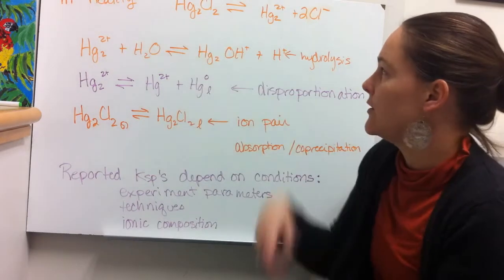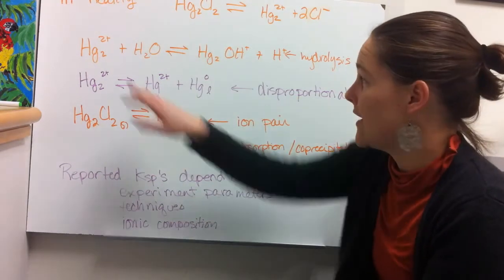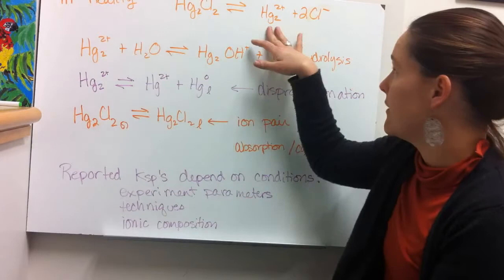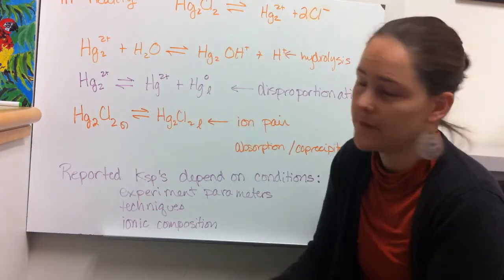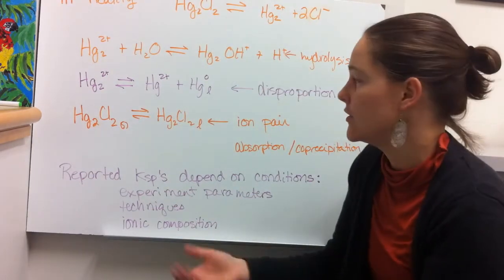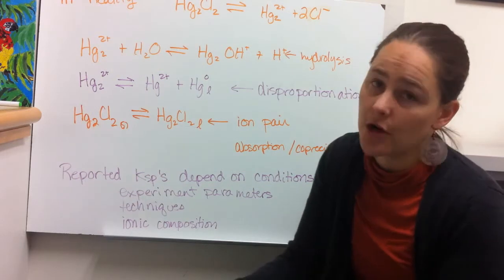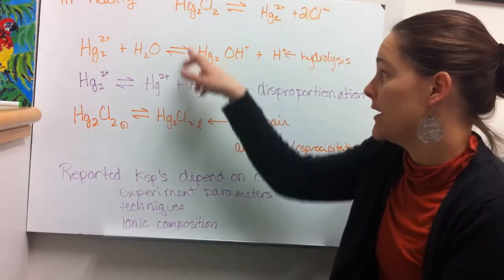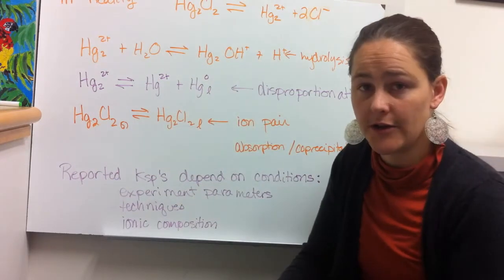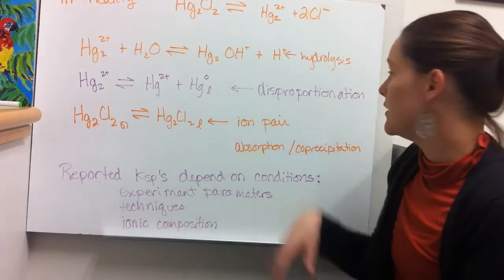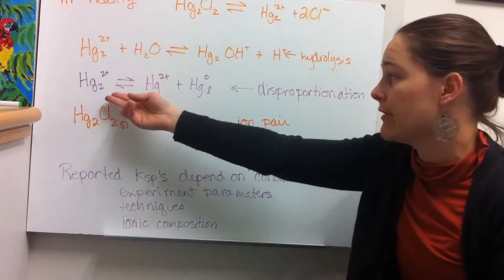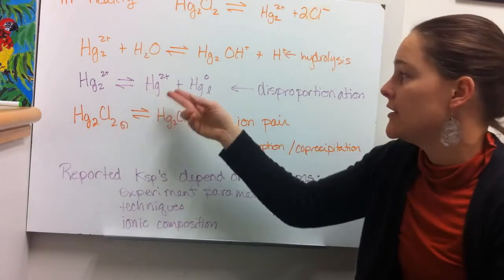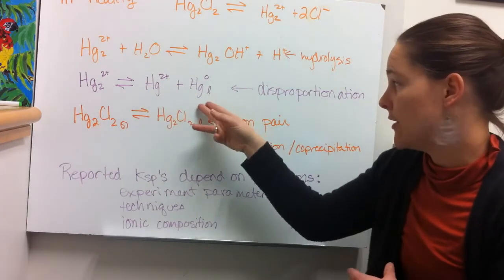Let's take, for example, mercury chloride, in a saturated solution of mercury chloride. Some of that mercury is actually going to hydrolyze with water and form a mercury hydroxide. Some of it could disproportionate from mercury 2+ to mercury 2+ and mercury liquid.